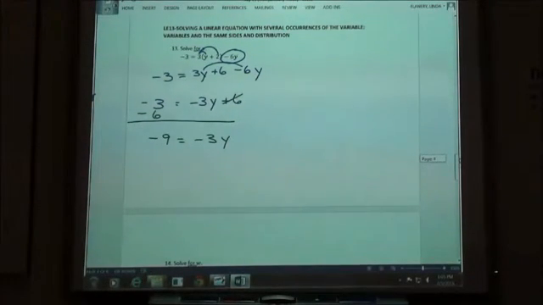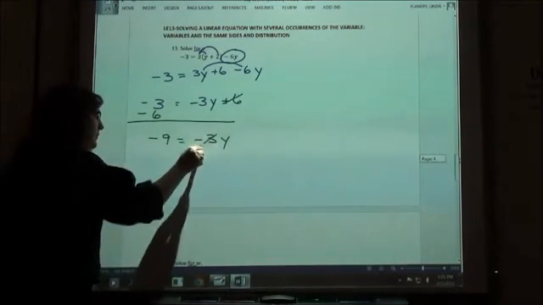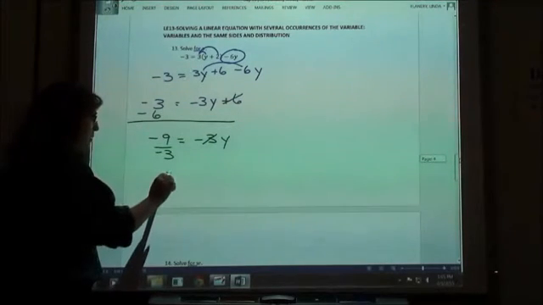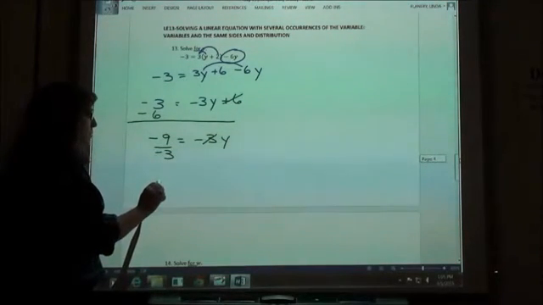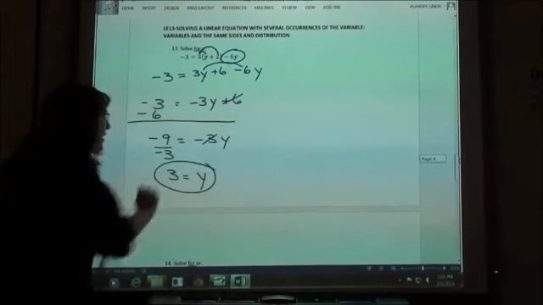And then we're going to divide negative 9 by negative 3, divide by that negative 3, and my answer is positive 3. 3 is equal to y, or y equals 3.